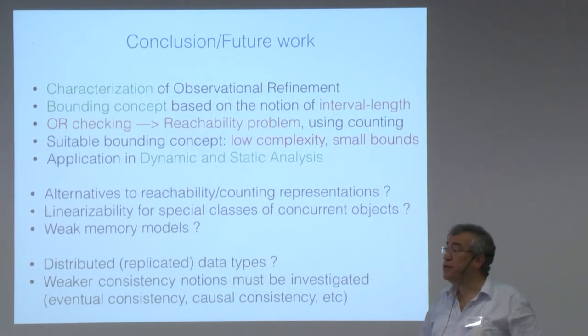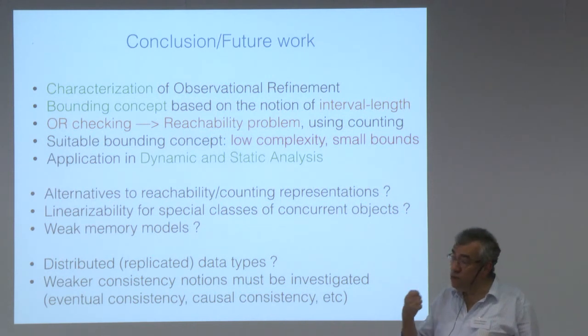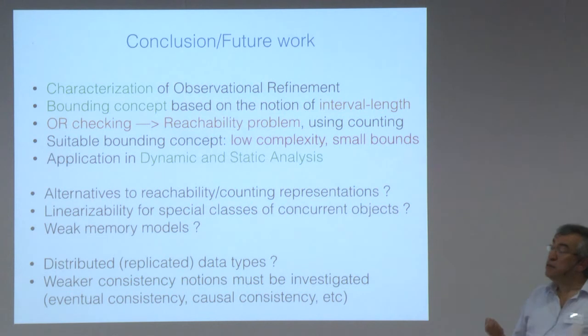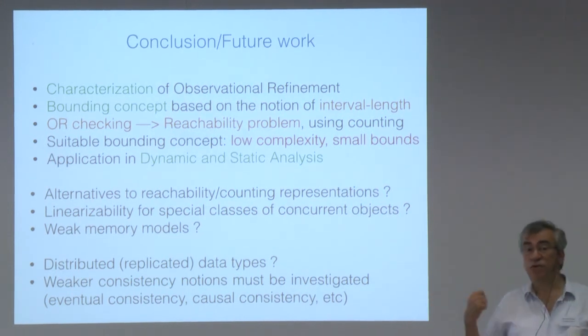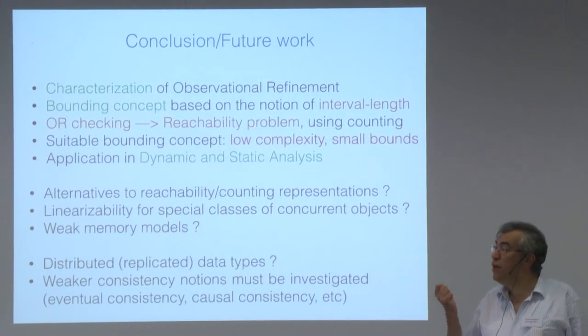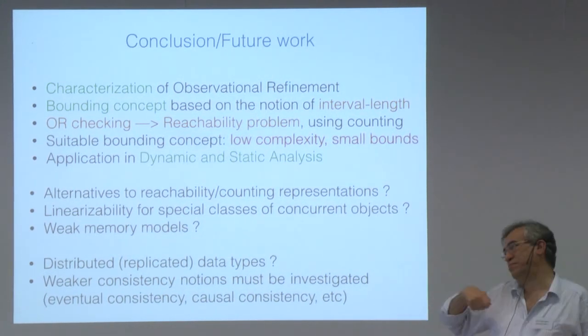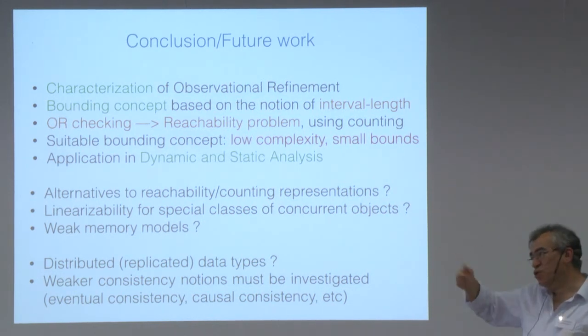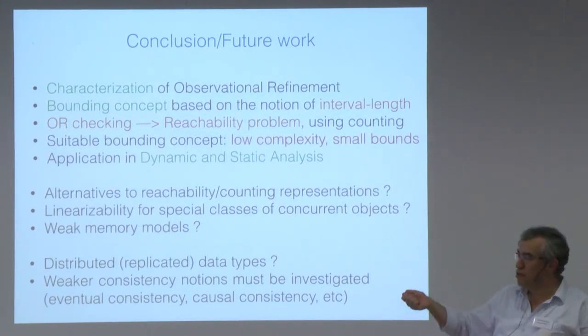And here you don't reason in terms of linearizability anymore. But as I said before, in the case where these linearization points are fixed, you can reduce them, but still the problem will be complex, because you have to go to Petri nets or vector addition systems.